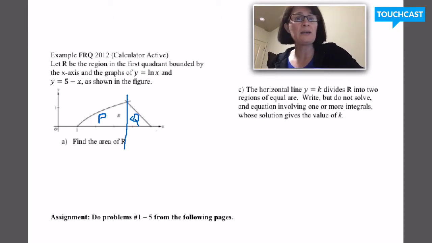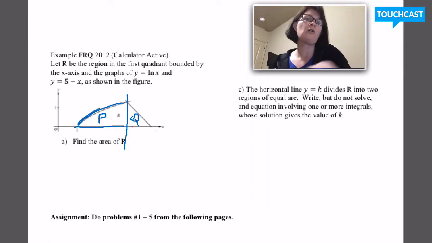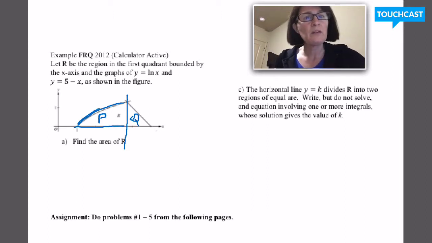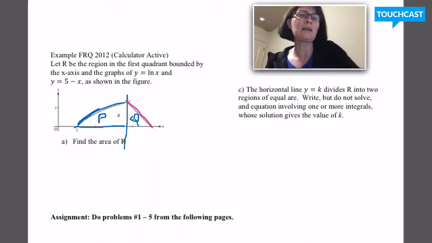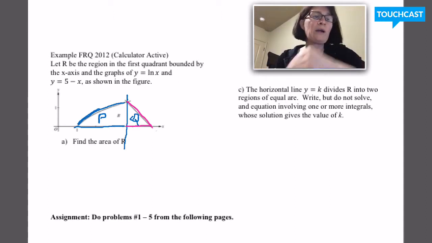Now for region P, the upper boundary is always natural log of x. The lower boundary is always y equals 0. For Q, the upper bound is always 5 minus x. The lower bound is always y equals 0.